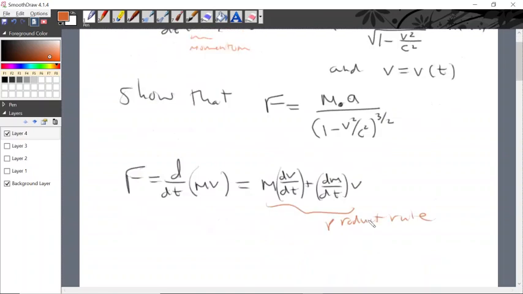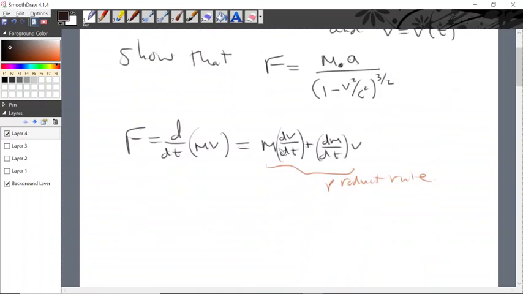First of all, dv/dt is the same as the acceleration function, a of t, and we can just call it a here in this formula. We have a is the acceleration function of time, and v is the velocity function of time.